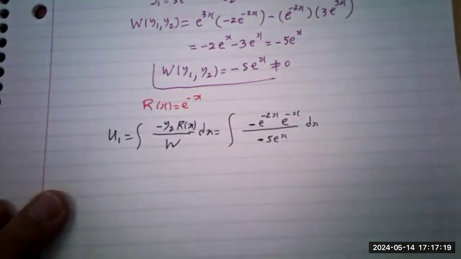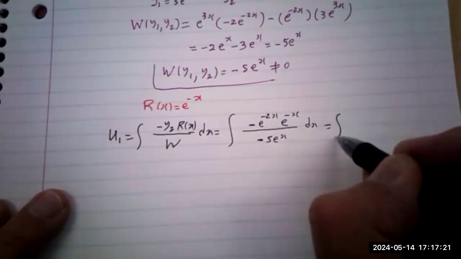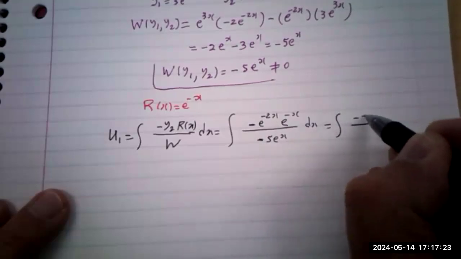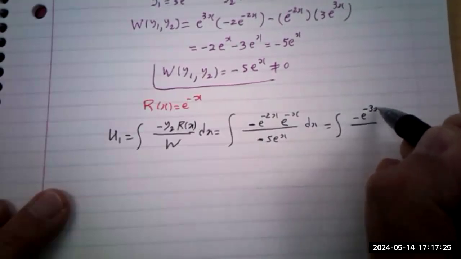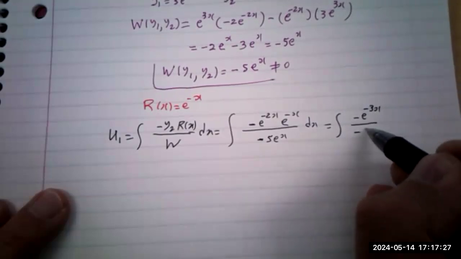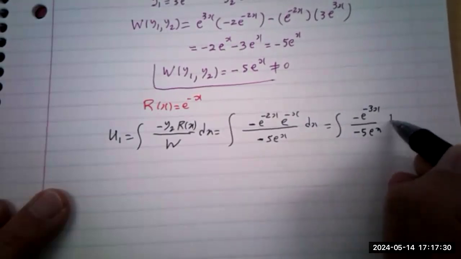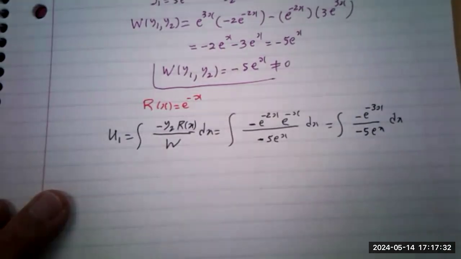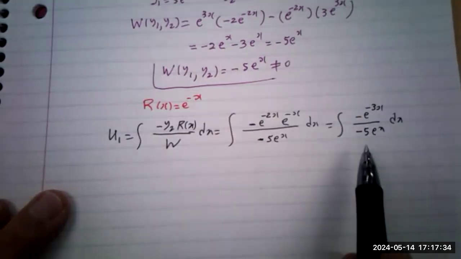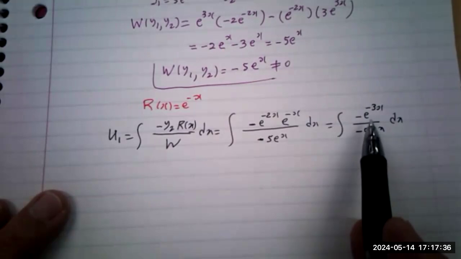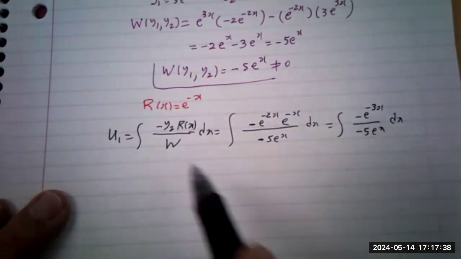Simplify everything that we have. On the top is going to be negative e to the negative 3x, and on the bottom we get negative 5e to the x and dx. We move the e to the x up. That gives negative e to the negative x, and e to the negative 3x would be e to the negative 4x.